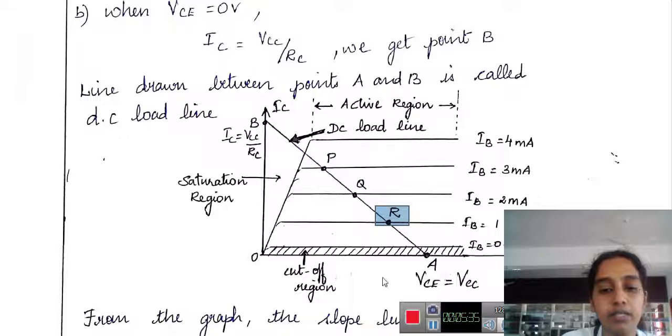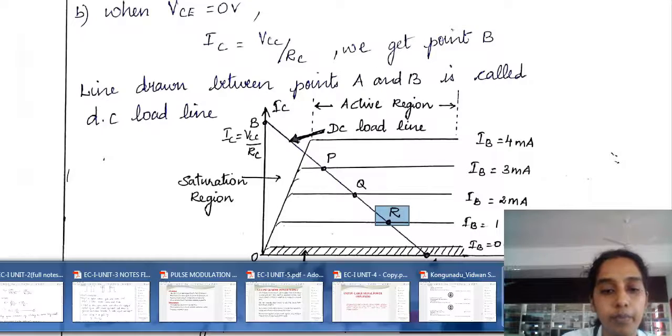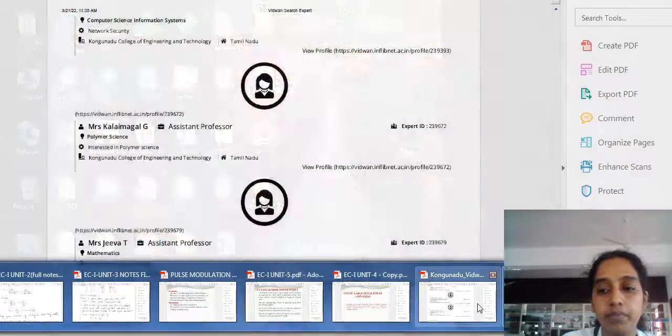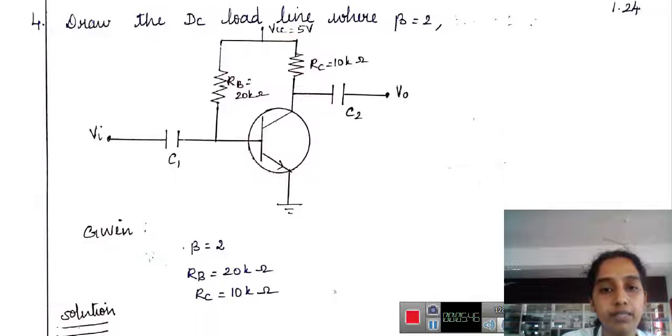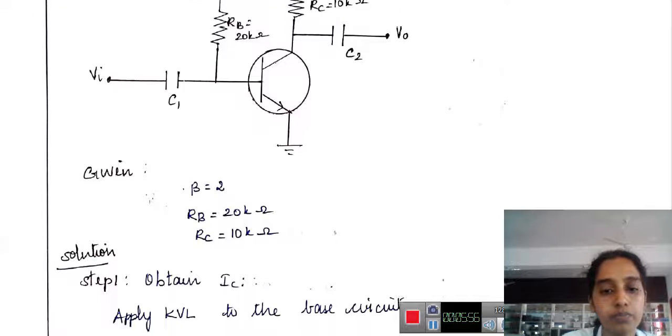Let us consider a small problem. This is a simple problem considering the fixed bias circuit. The beta value is given, the base resistance value is 20 kilo ohm, and the collector resistance value is 10 kilo ohm.